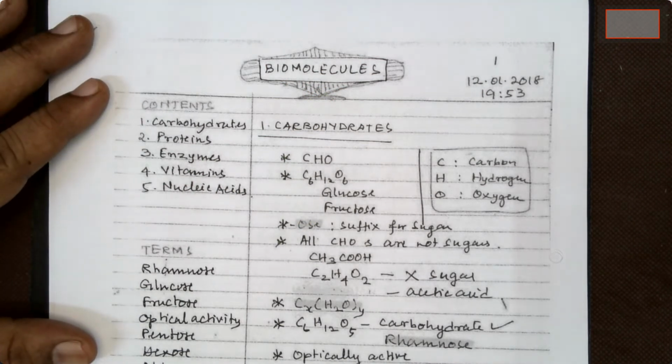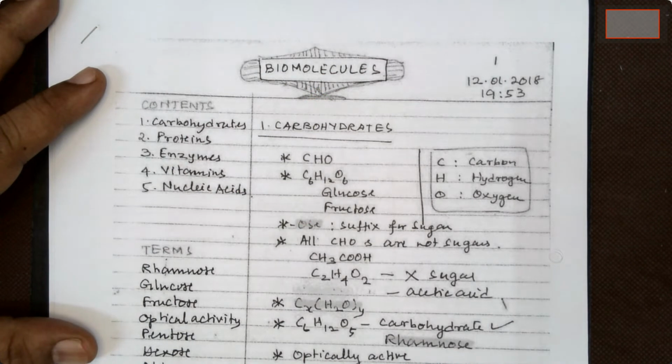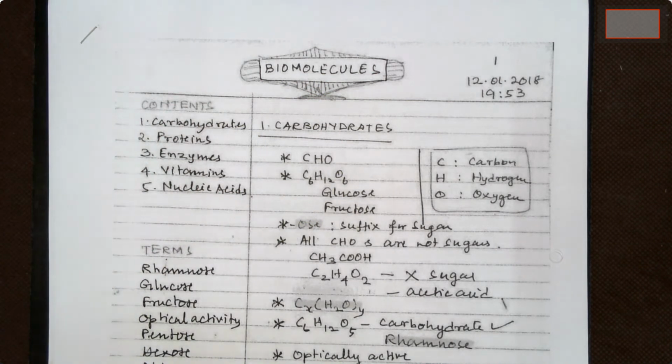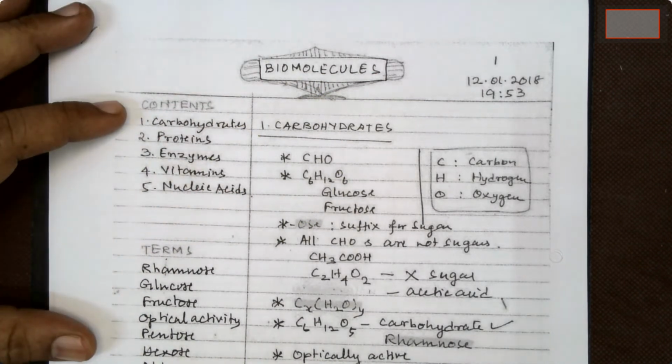And generally the carbohydrates are polyhydroxy aldehydes or ketones. Aldose means a sugar with potential aldehyde unit. Ketose means a sugar with keto group as the potential functional group.